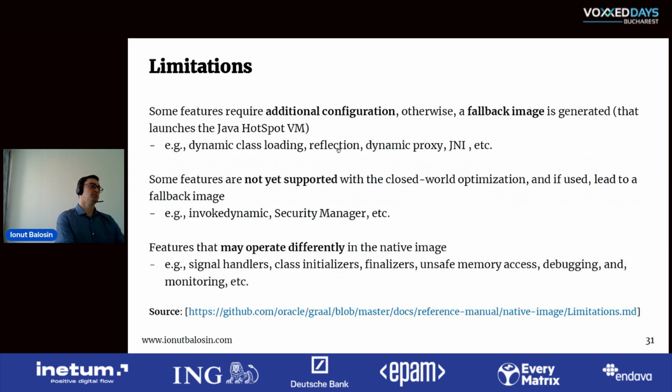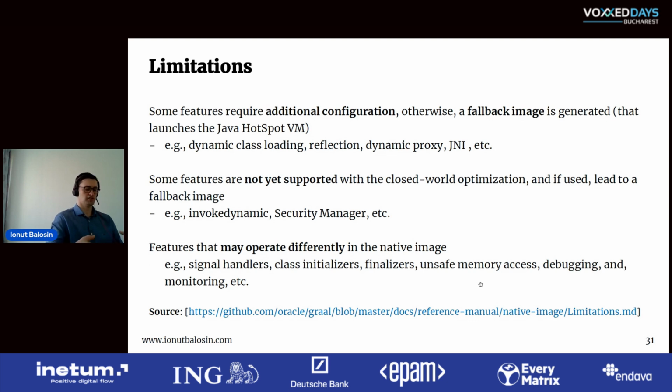Of course, because you go native, there are some limitations. You have to specify additional configuration, for example for reflection, if you use it. Dynamic class loading is not supported out of the box, and there are things not yet supported, or things that might operate differently.